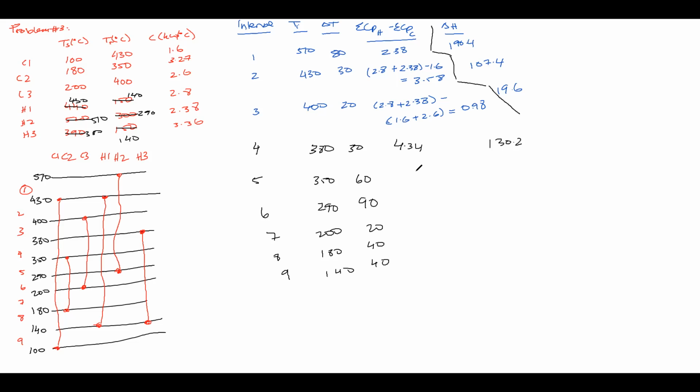Summation of CP hot minus CP cold is 1.07 minus 1.31, 1.29, 4.56 minus 1.6, and delta H's I got is 64.2 minus 117.9. If you don't see where any of these numbers are coming from, send me an email, come to office hours, we'll work through them.